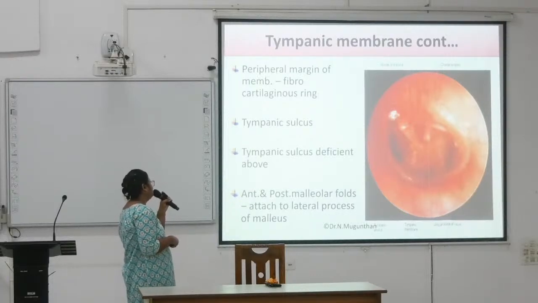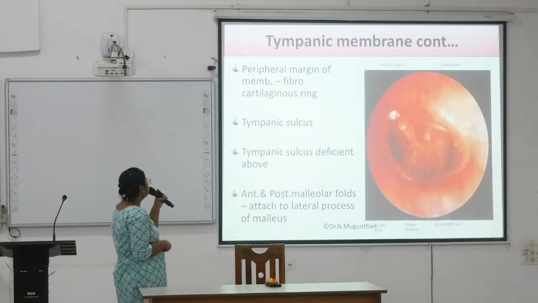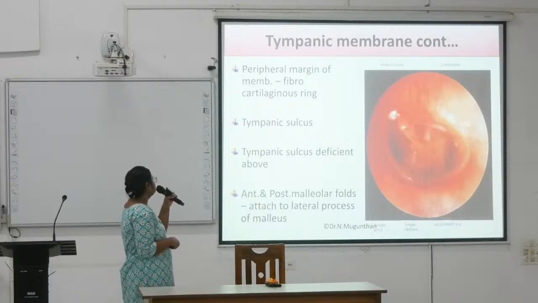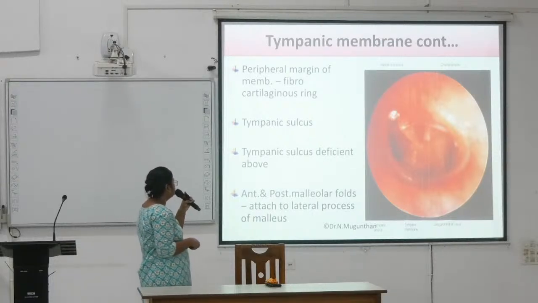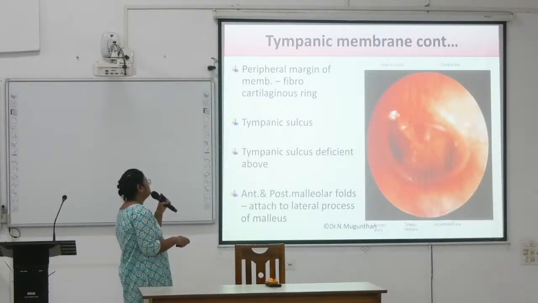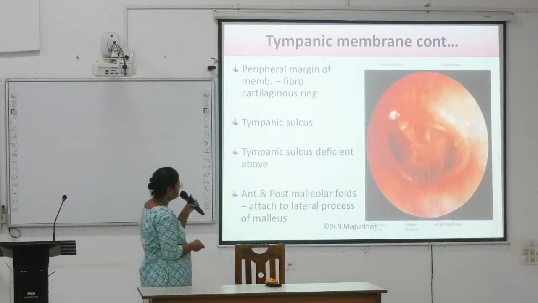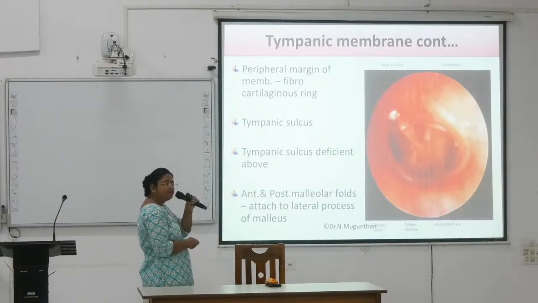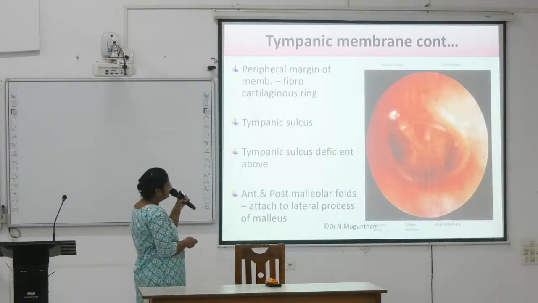The anterior and posterior malleolar folds are attached to the lateral process of the malleus. This is the lateral process and this is the handle of the malleus, and here you can see part of the incus, the long process of the incus where the stapes is attached.